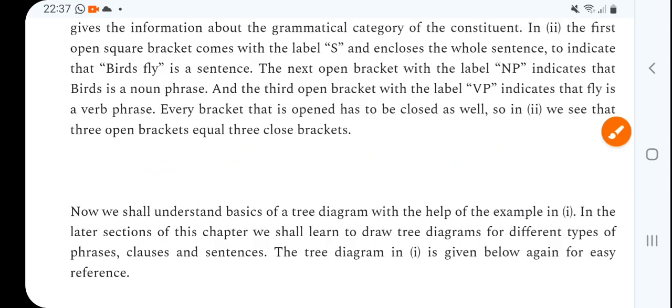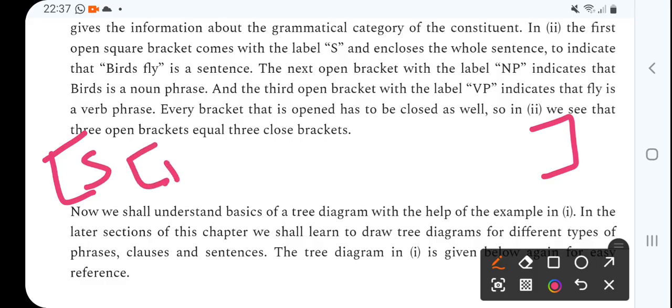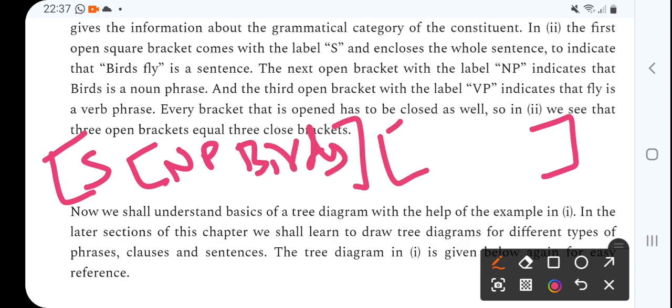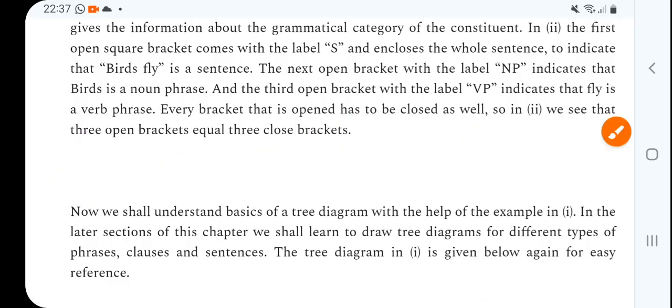So it will look like this: the sentence, then one open bracket, noun phrase birds, then close, then the next open bracket, verb phrase, fly, and close. This indicates that fly is a verb phrase.